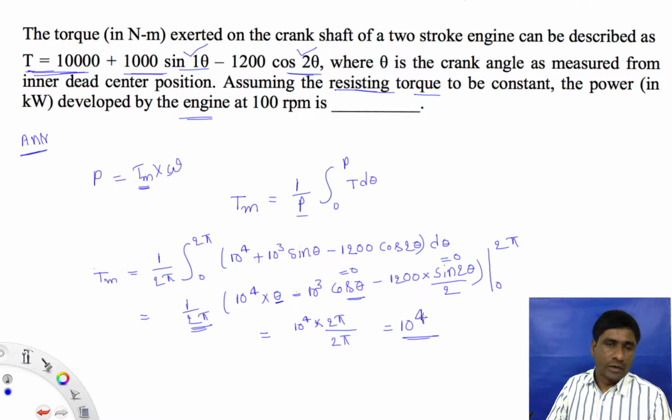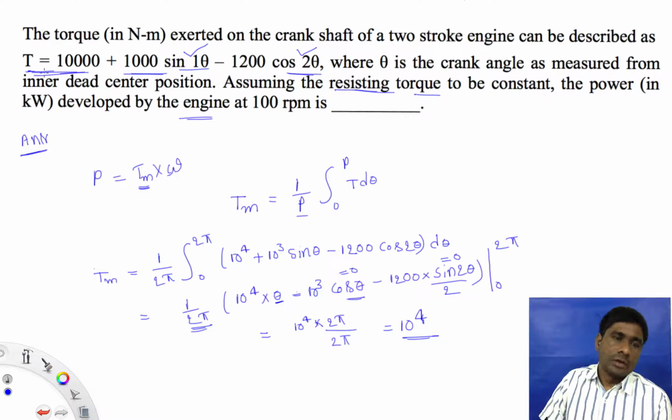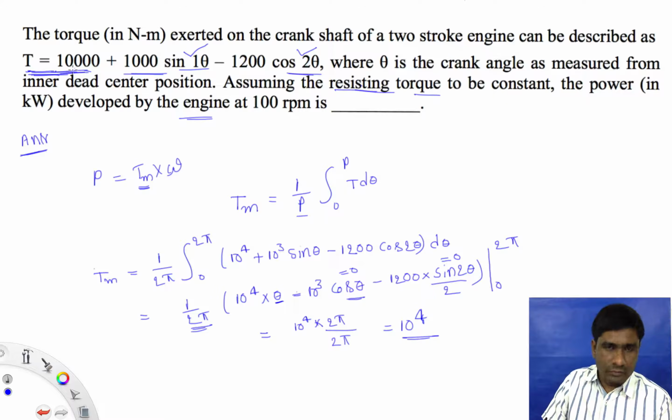Here what we can remember is, not only in this case, in whichever case, if the torque is given like this, and if we want to find out the mean torque from the given engine torque, we can simply consider the constant term as the mean torque. Why?